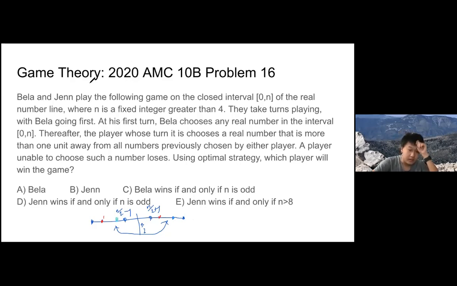And this way, Jen has to run out of moves first, because whatever moves Jen makes, Bella can essentially imitate. So Bella always wins. Does that make sense? Okay. Moving on to the next one.